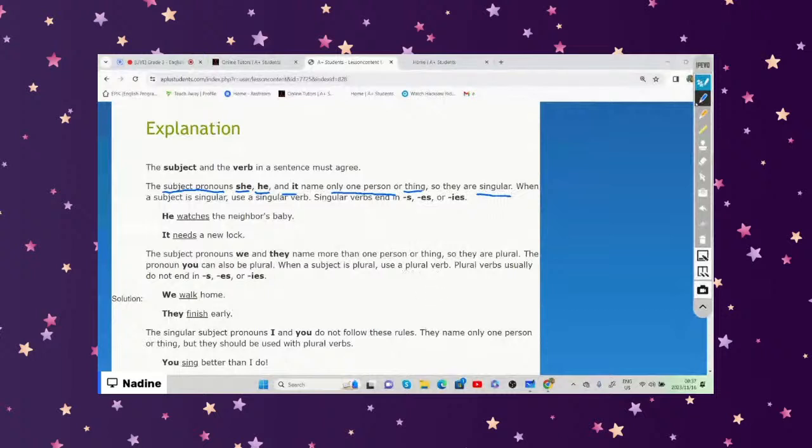Because she, he, or it is only referring to one person or animal, for example, or thing. And when the subject is singular, we use a singular verb. And singular verbs end in s, es, or ies.